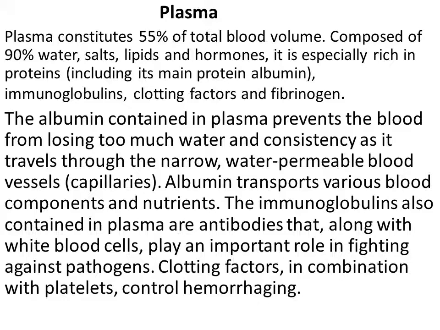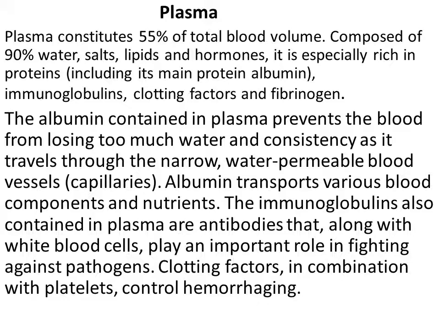Now I will talk about immunoglobulins. As I have already told you, immunoglobulins are antibodies that fight for our body against the various pathogens, or disease-causing germs, that enter our body. Another agent, the WBC, is also helpful in fighting diseases, but immunoglobulins also play a role in fighting germs and other pathogens.